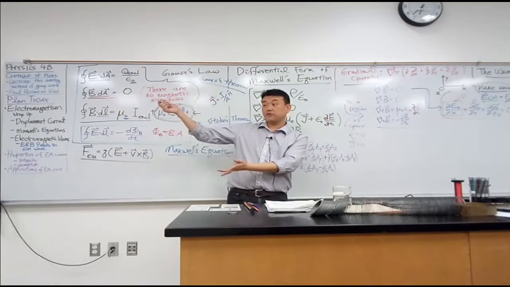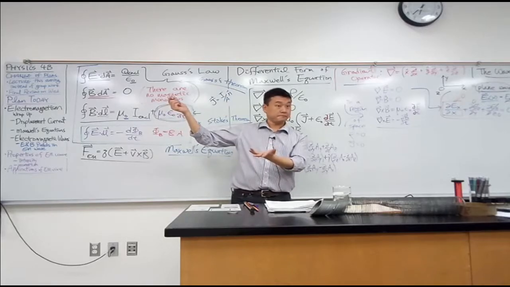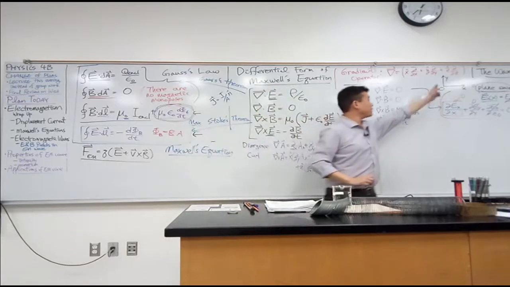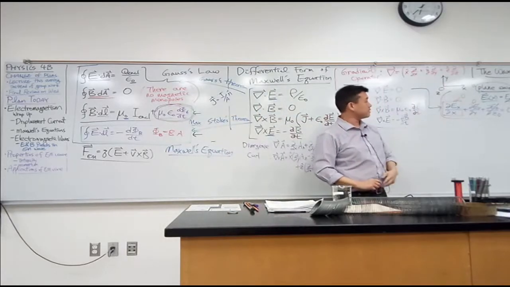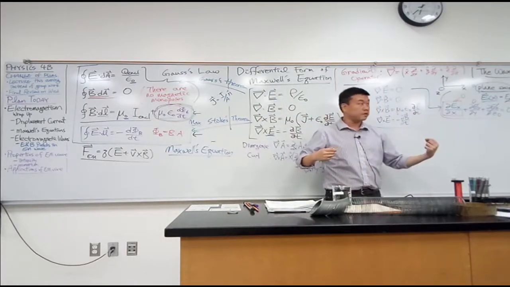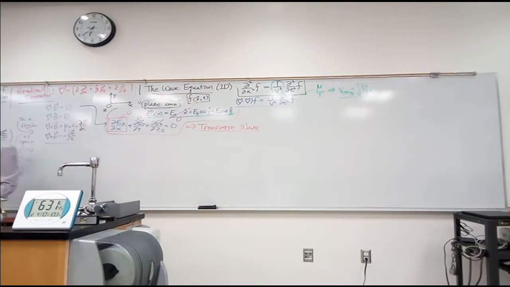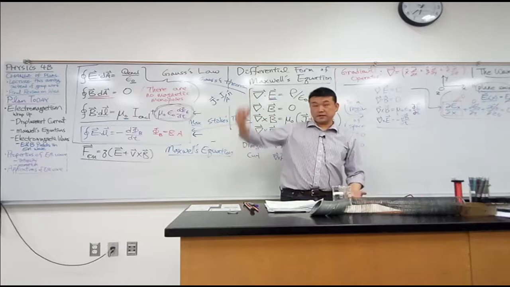That's going to make the rest of my calculus easier. So I'll pick the up and down direction, that would be the y direction. So there's no interesting oscillation in the z component simply by my choice of the source oscillating in the y direction.